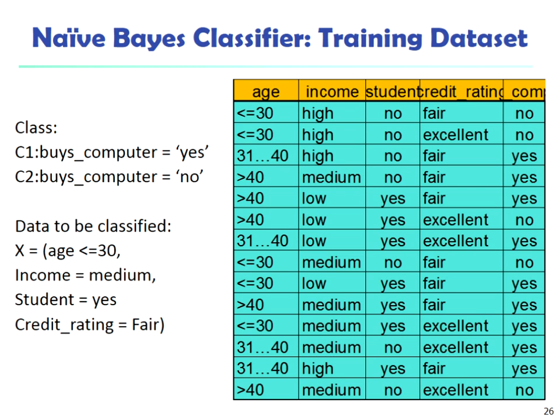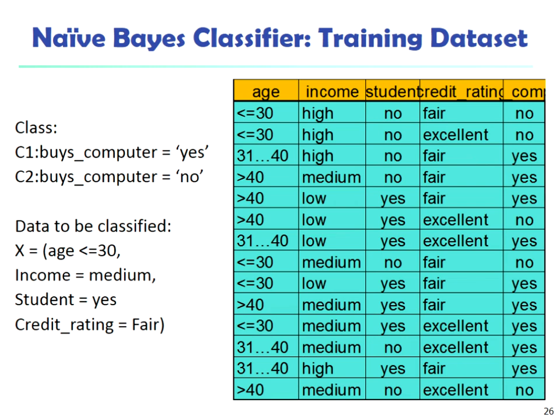Is it clear? What do we want to do in our example? We want to classify X, buys computer yes or no. This is our task.